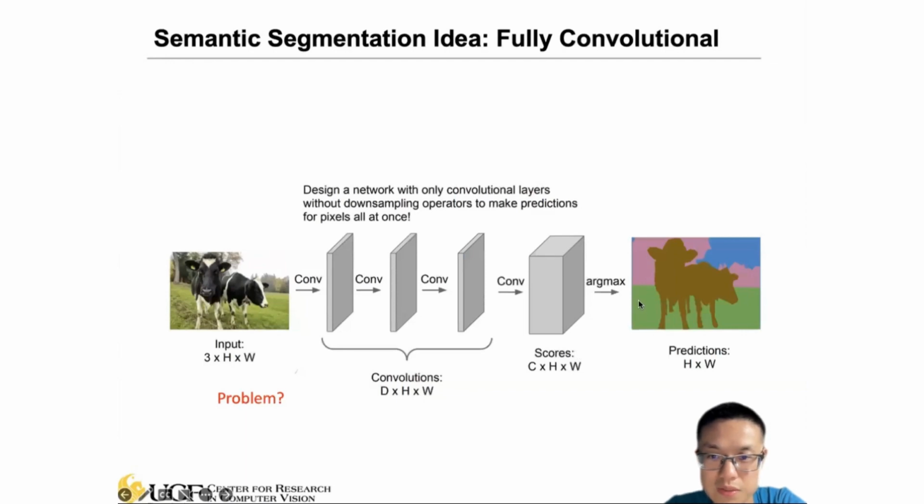Another option, since classifying each small patch is not efficient, is to design a network with only convolutional layers. In a classic CNN, we have pooling operations to reduce the size.